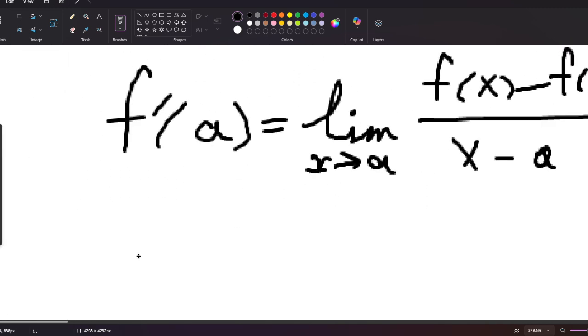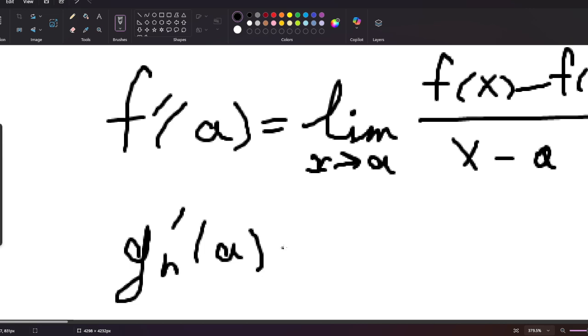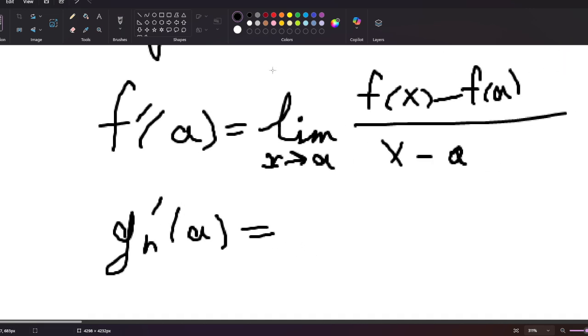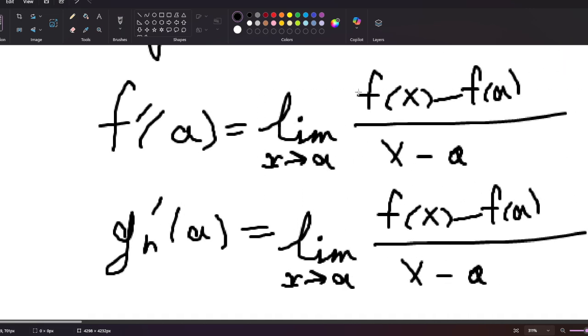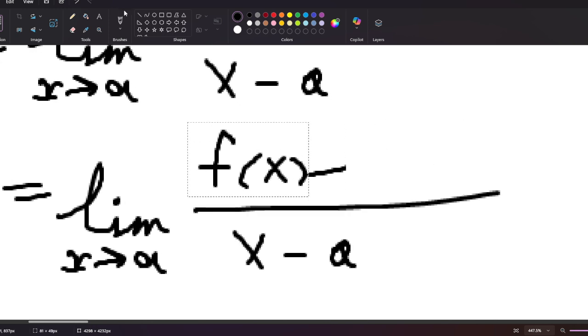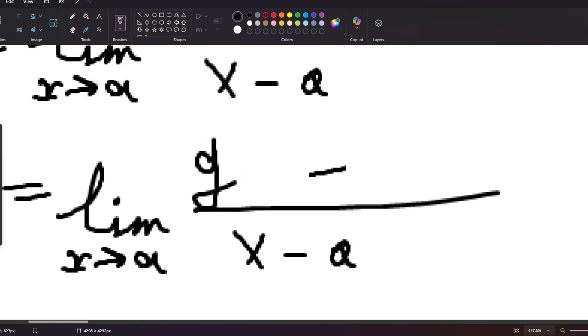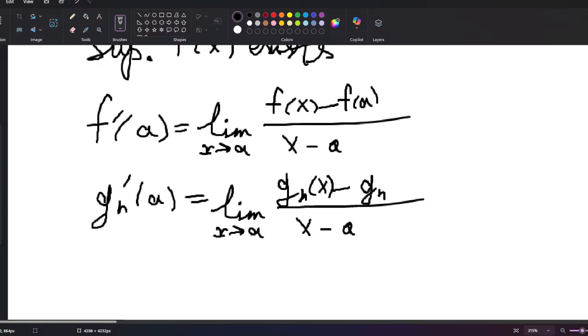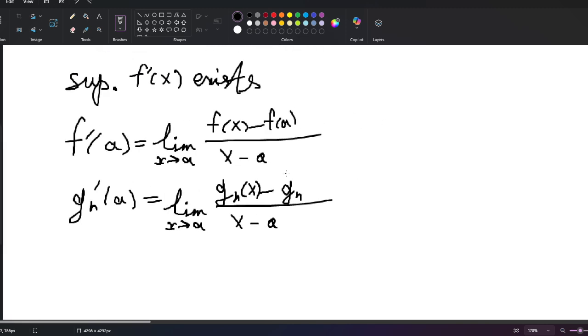It's going to be a similar thing for g n prime of a, basically the same thing but with different functions. So what I'm going to do now is show that essentially the derivative of g n of a is going to approach the derivative of f of a.